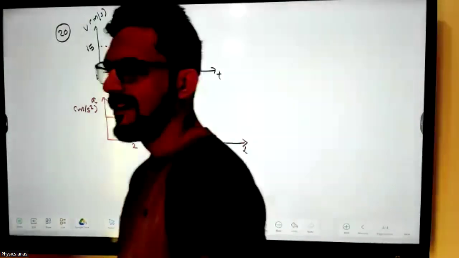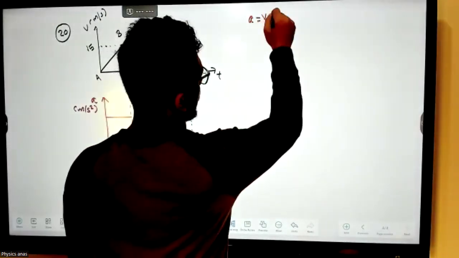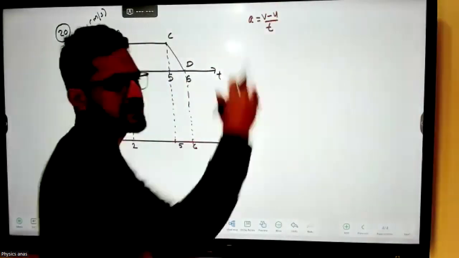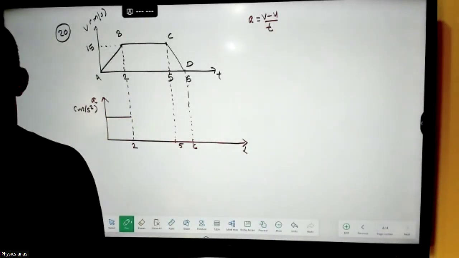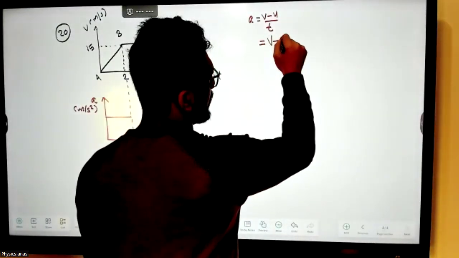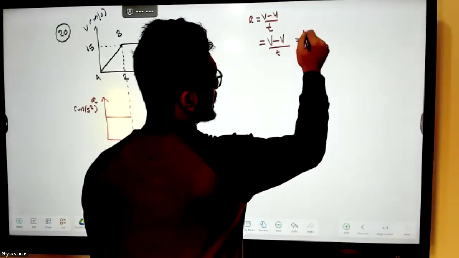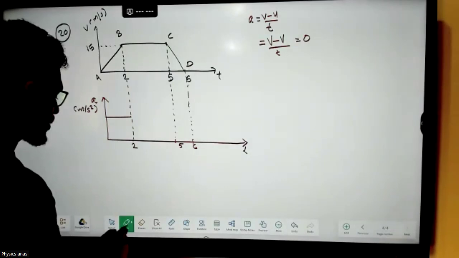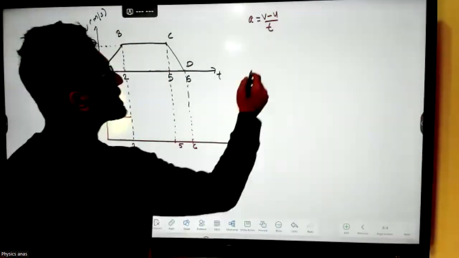Acceleration is (v minus u) by t. If velocity is a constant, then acceleration must be 0. Velocity is not changing, so v minus v divided by t will be 0.